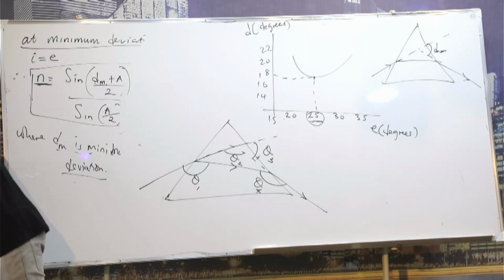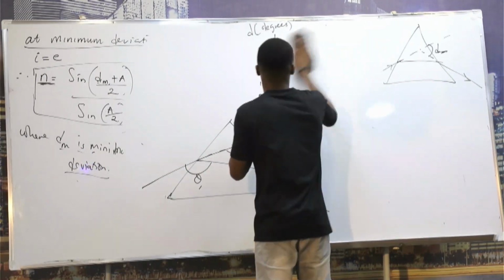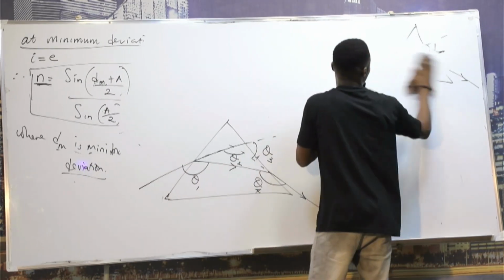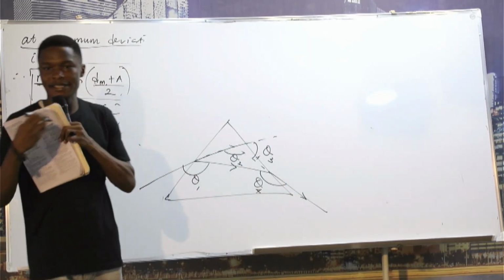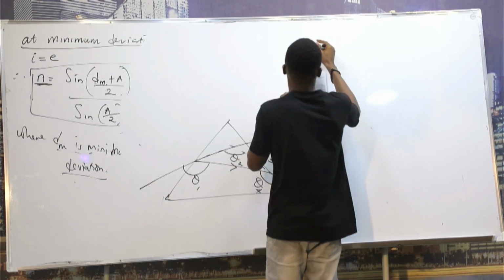Okay, another question. 2002, number 35. Any birthday mate here?